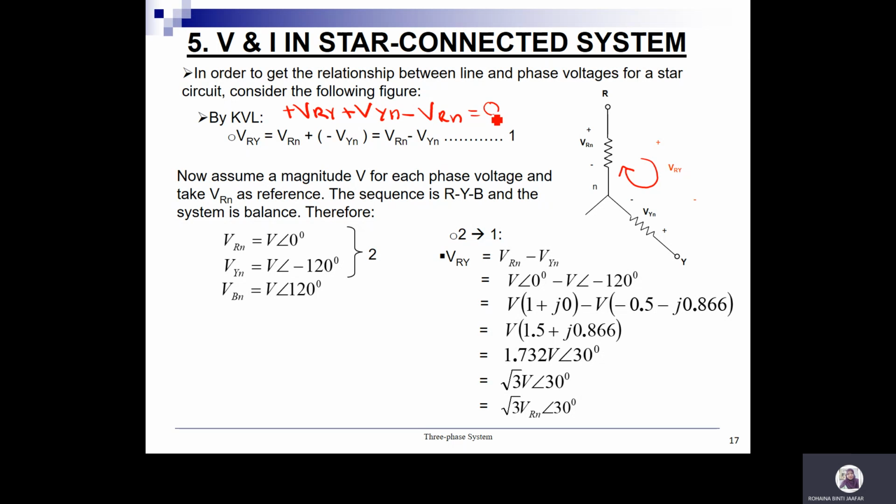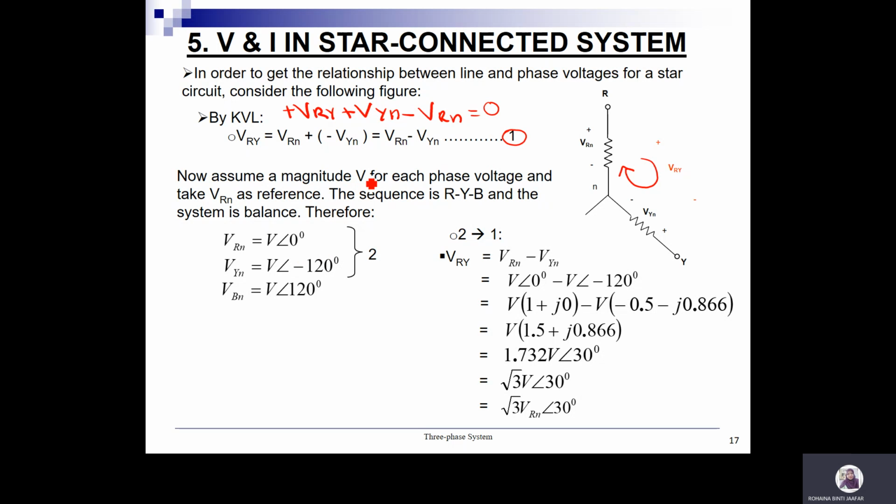This is the initial KVL equation. Then you rearrange, and you get VRY equal to VRN minus VYN. That's why you get this first equation.